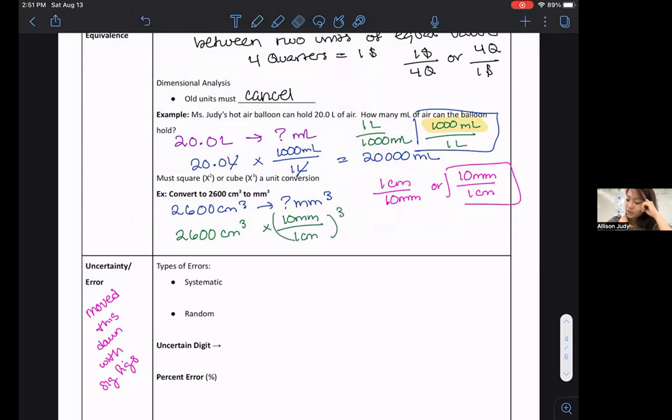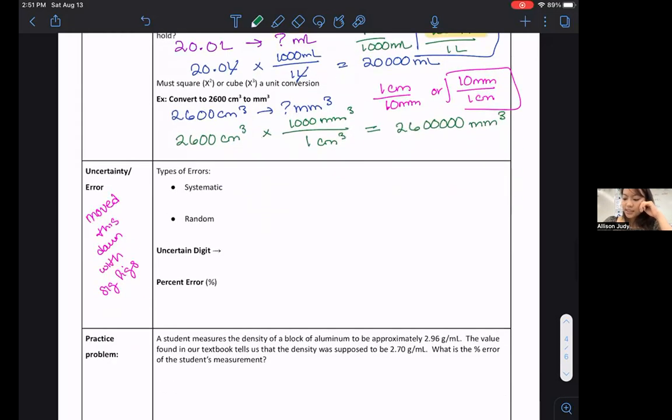So really what this becomes is 10 cubed millimeters, which is 10 cubed millimeters, all over 1 cubed centimeter. Now you have the appropriate conversion rate, and you get a value of 2,600,000 millimeters cubed, okay? So that's just a quick note.